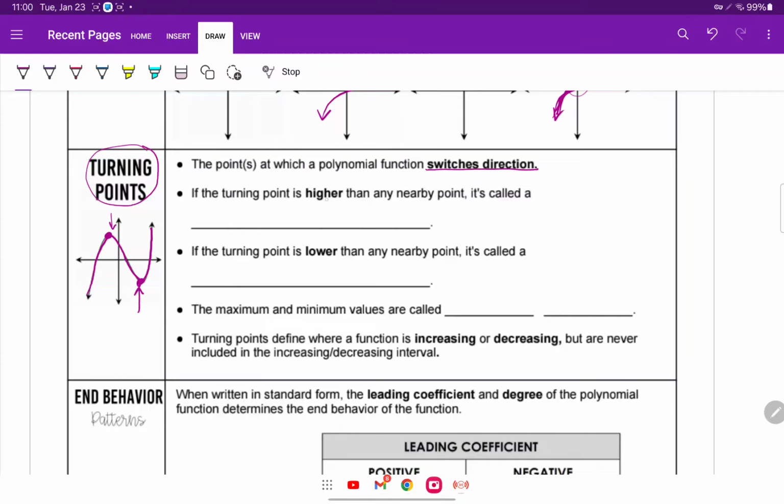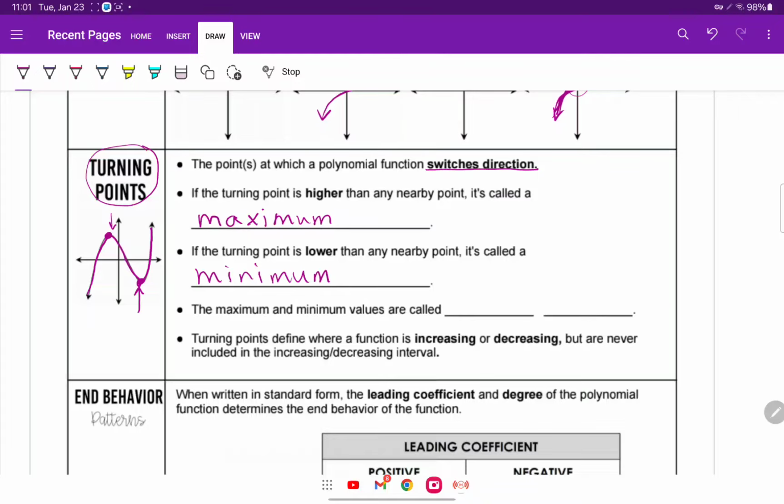Now, if a turning point is higher than any nearby point, it is called a maximum. If it's lower than a nearby point, then it's called a minimum. Now, polynomials can have multiple maximums and minimums.